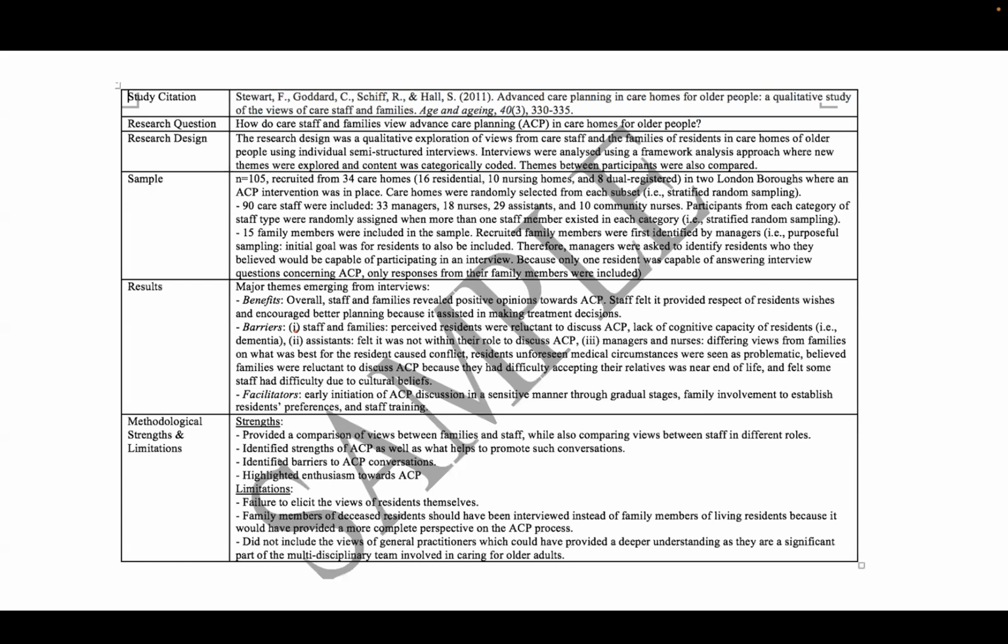Okay, review table as an example. So one review table for your selected article. Again, for this year, you only have 1 article. So you only need to submit 1 review table, not 2 review tables, okay? So all of these contents are from the article itself. Do not make up stuff.